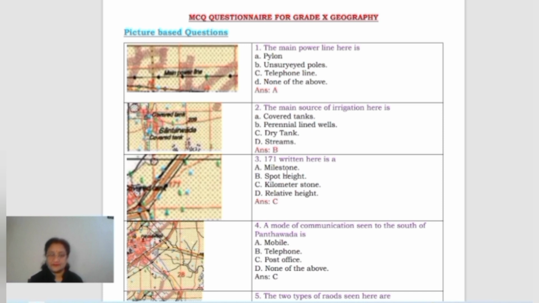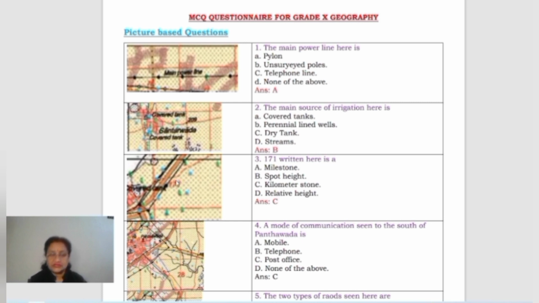Now come to the next one. You can see here, children, along the road, 171 is written. Now what does this indicate? This is actually indicating a kilometer stone. You must have heard about milestone. While traveling to any place, we find several milestones on the way, indicating how much distance is there to the next place.